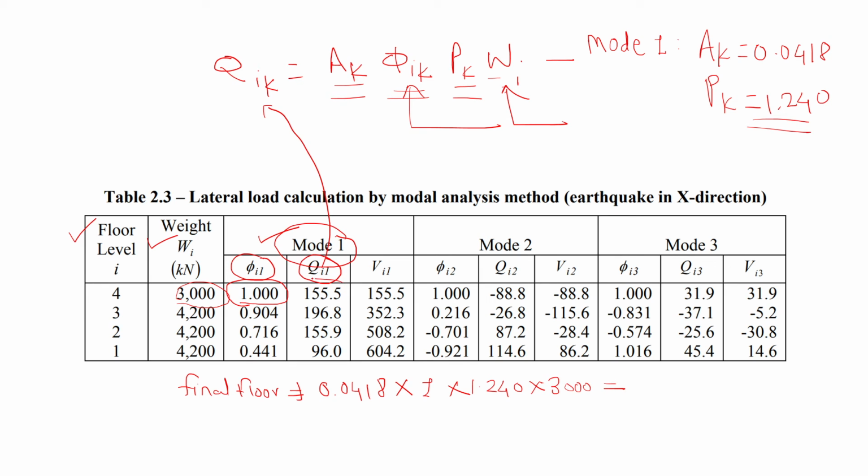So you will get this value, 155.5. Similarly, if you want to find this value, it is 0.0418 for mode 1 multiplied by mode shape coefficient 0.904 multiplied by PK 1.240 for mode 1 multiplied by weight 4200.